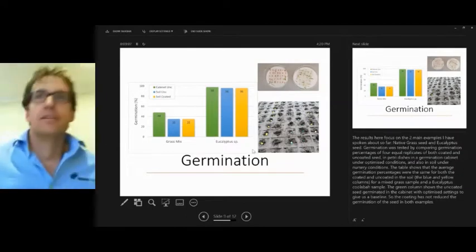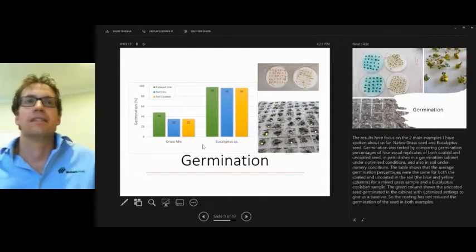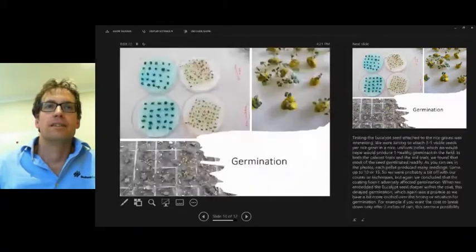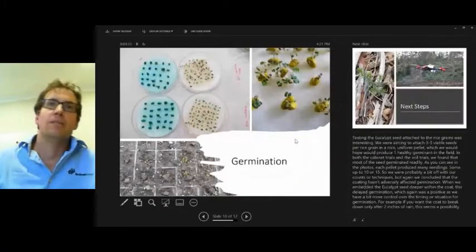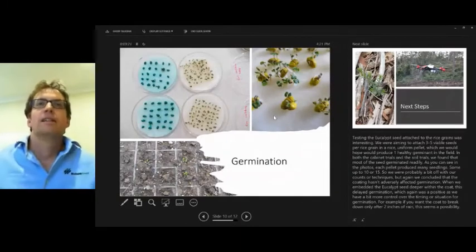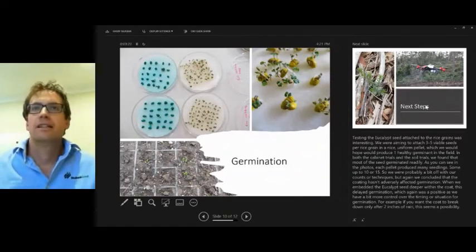This shows the germination. I'll wrap it up quickly, I'm running out of time. So basically the germination was the same for coated and uncoated, which is what we were looking for. So having a seed coat hasn't limited germination in any way. Sometimes a thicker coat will make it slower to germinate.